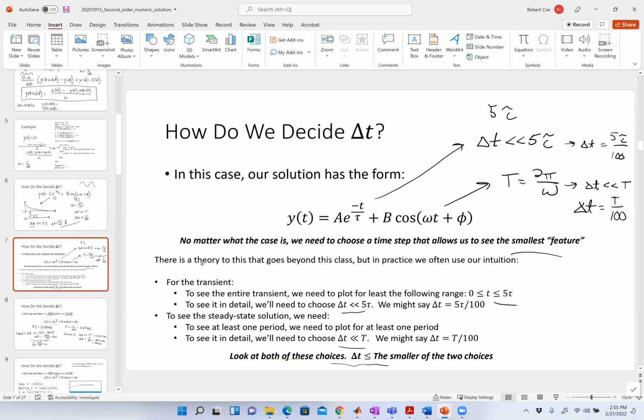But if I choose too small of a time step, this is going into a computer, and so I might have memory problems. If you're doing an embedded system, and I guarantee half of you at some point in the project are going to crash your computer because you choose a bad time step and you have a gajillion points in a vector.